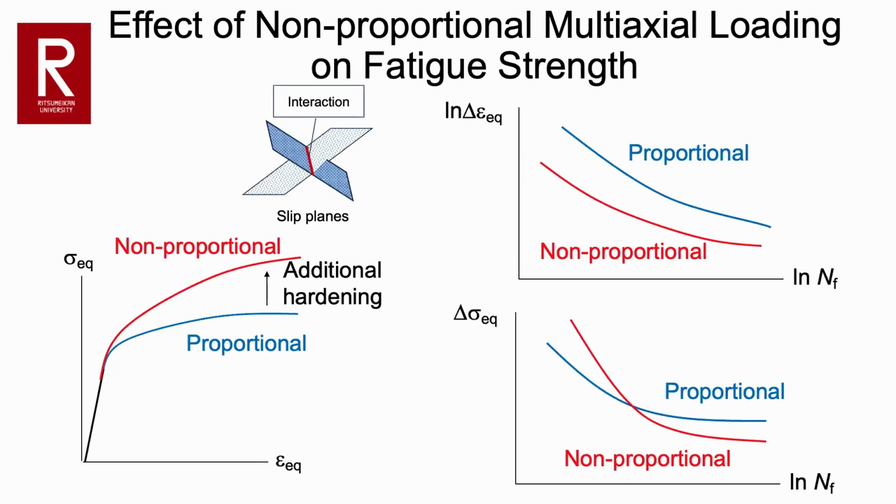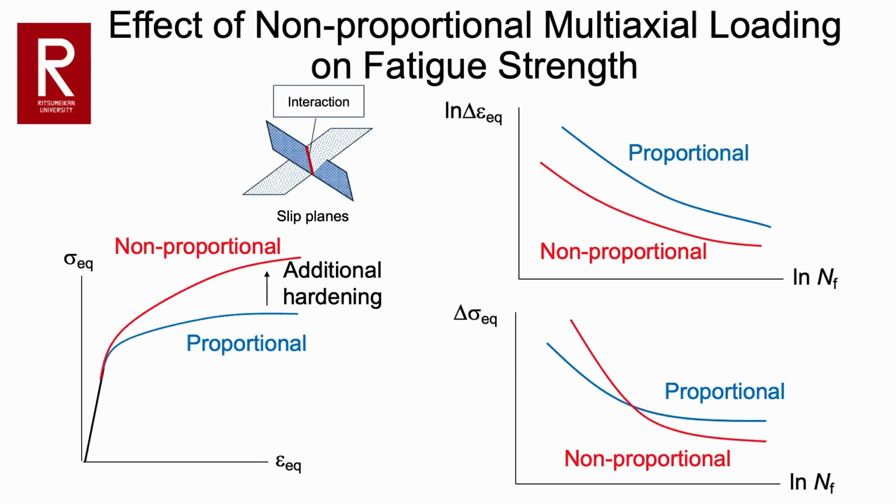In the strain control test, this is the correlation of the failure life with the equivalent strain range. This is the proportional loading, and this is the non-proportional loading. The failure life in non-proportional loading is always decreased, but the decrease ratio depends not only on the material, but also on the loading path.